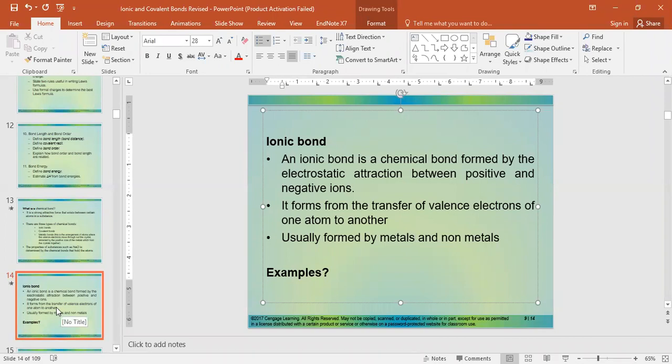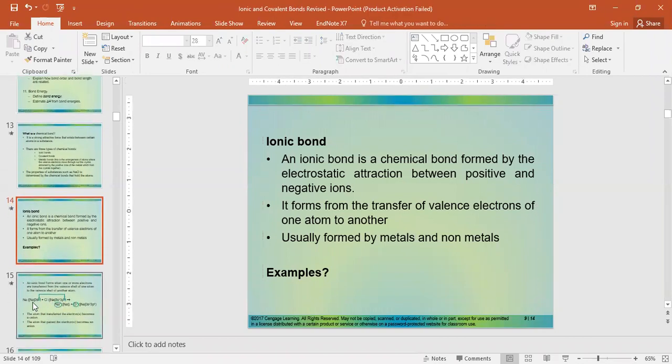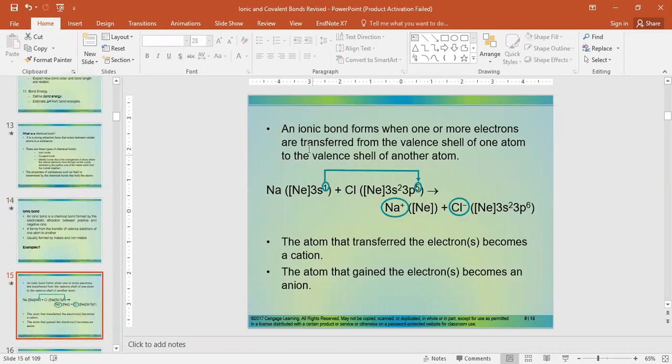Some examples we can give for ionic bonding: an ionic bond forms when one or more electrons are transferred from the valence shell of one atom to the valence shell of another. And a very good example is what we are showing here.